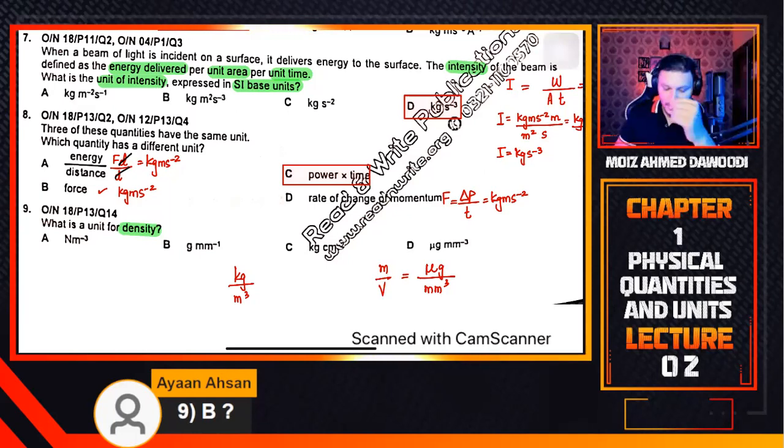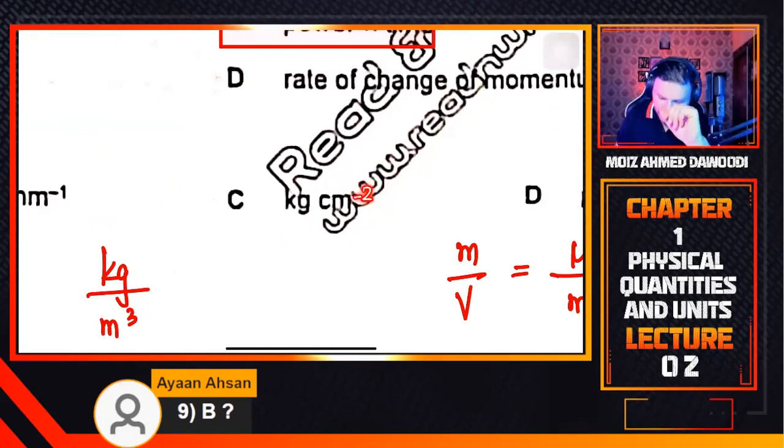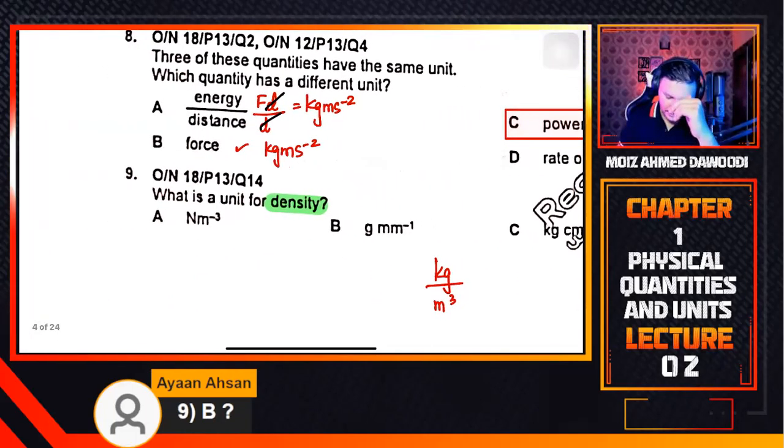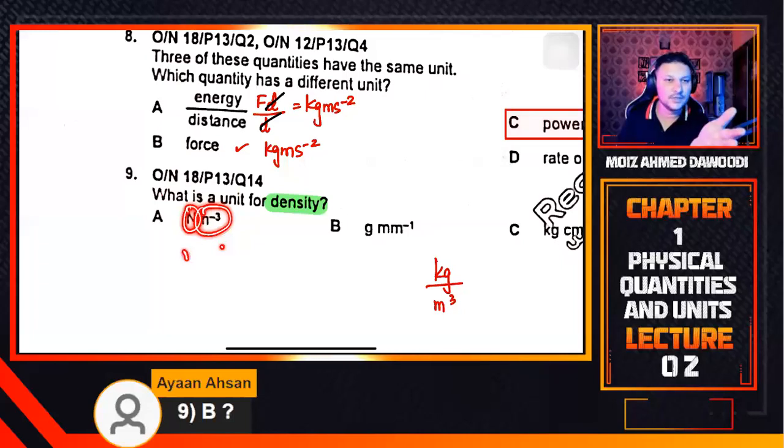B should not be, because gram is okay, but millimeter inverse for volume, you need a cube, you don't need a single power. Similarly here it is minus 2, so this also cannot be, it would become area. For volume we need a cube. And what about this one? It is a cube, but we don't need Newton, we need kg, because for density we need mass in the numerator.